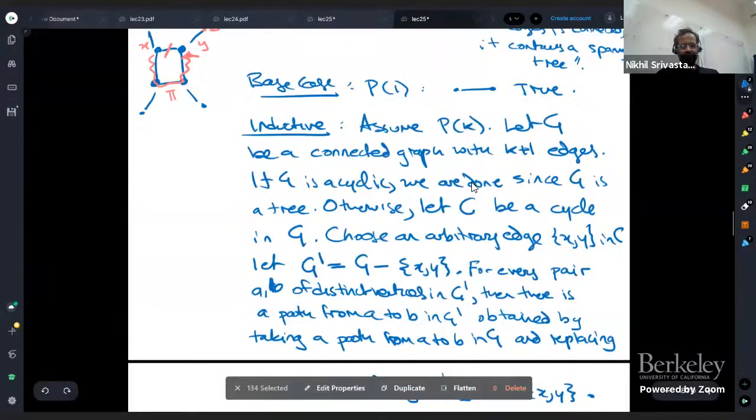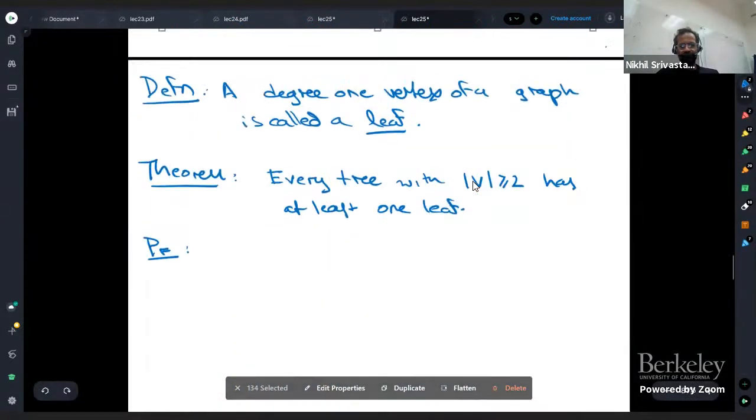Okay, let me explain the idea before the proof. The idea is actually quite nice. You have a tree. So you pick some vertex, x naught. Now you go to its neighbor, x1. Now you choose another neighbor that's not among the previous vertices you looked at. And now you keep doing this until you're stuck.